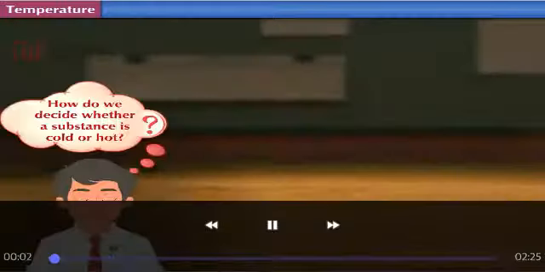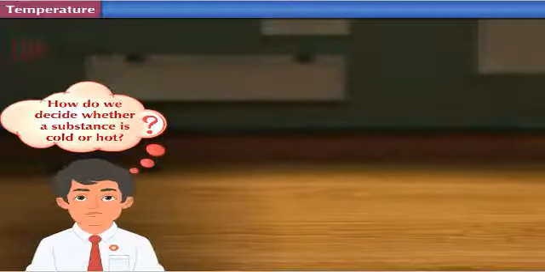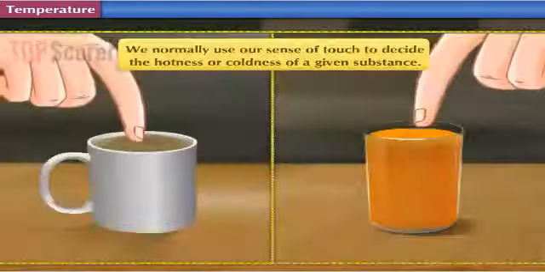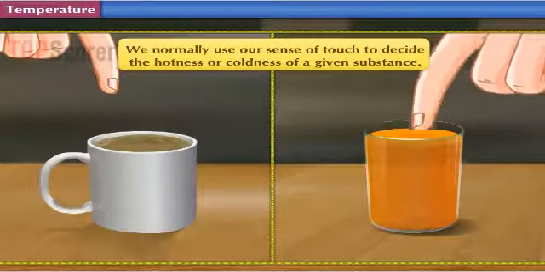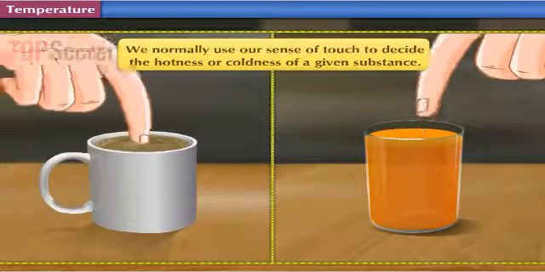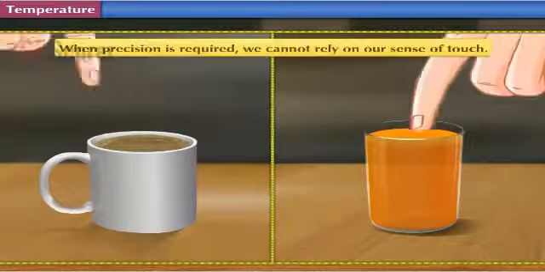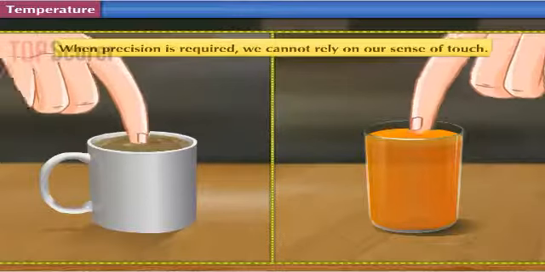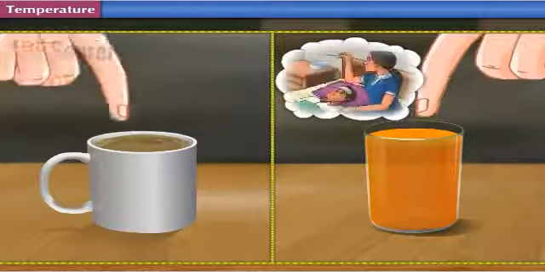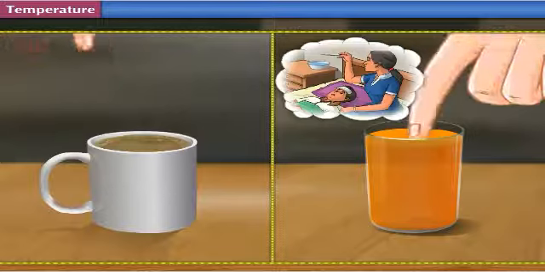Temperature. How do we decide whether a substance is cold or hot? We normally use our sense of touch to decide the hotness or coldness of a given substance. But every time we cannot rely on our sense of touch on all occasions, especially when precision is required.